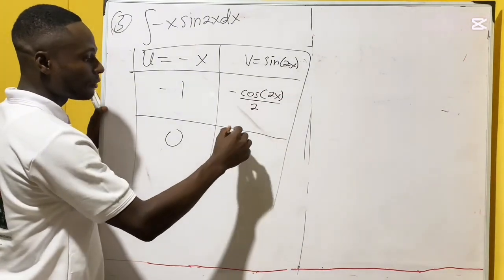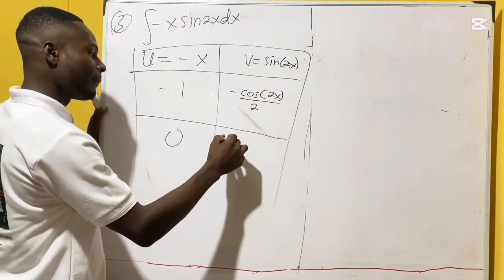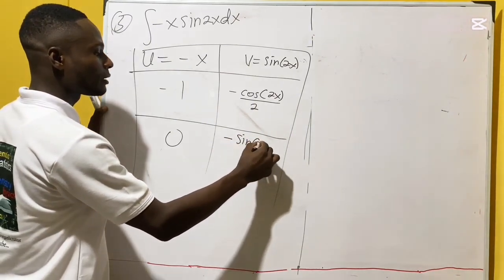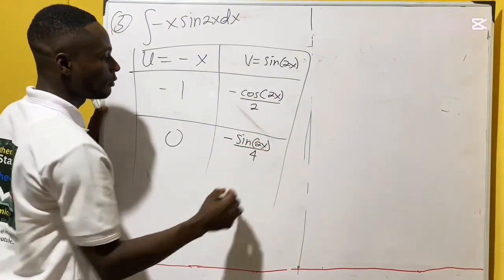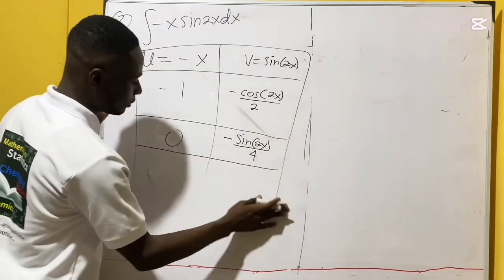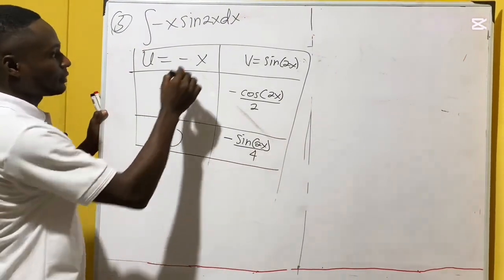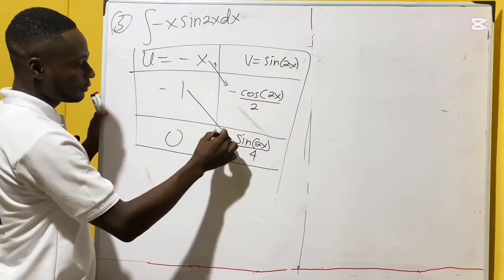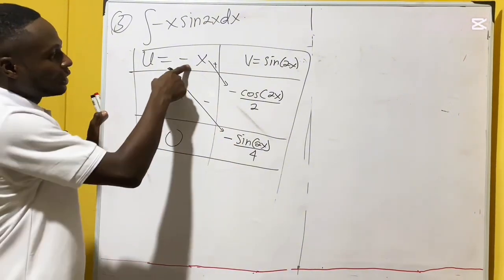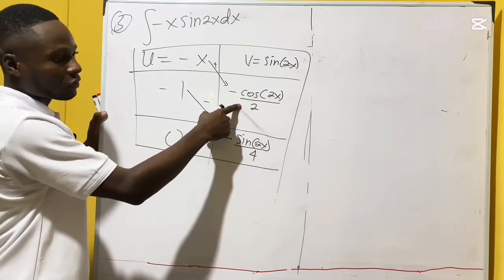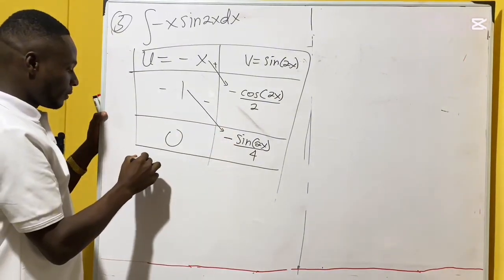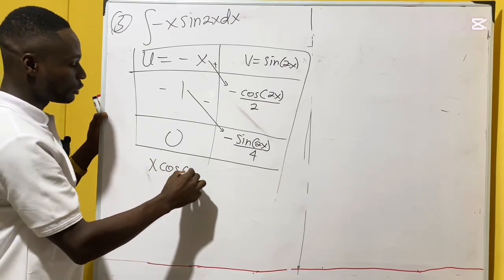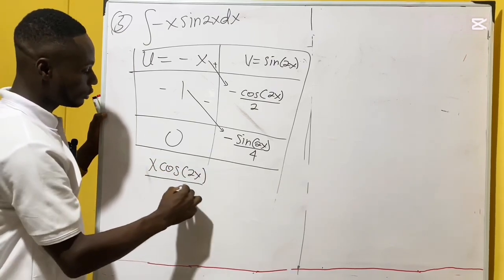Then integrate again, we have negative sine 2x all on 4, right? So this right here, let's effect our sign. So positive, negative, right? Negative x times negative cos, right? So we have positive x cos 2x all on 2.